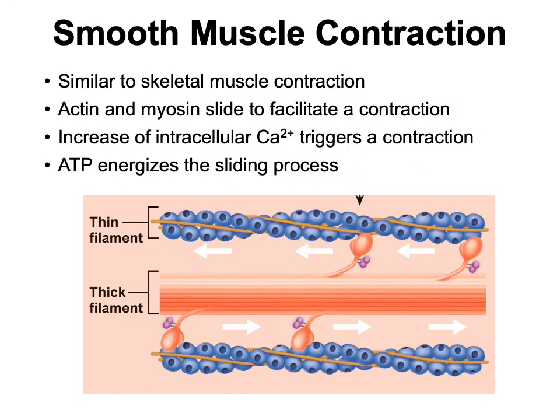Smooth muscle contraction is very similar to skeletal muscle contraction in that actin and myosin slide across each other to facilitate a contraction. Also, the increase of intracellular calcium triggers the contraction process, and ATP energizes the sliding process.